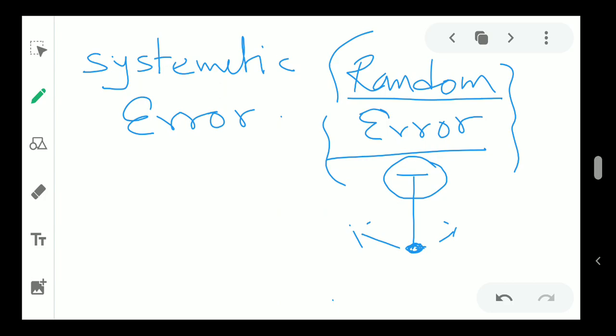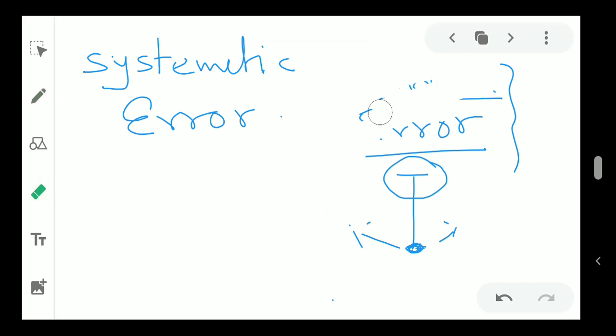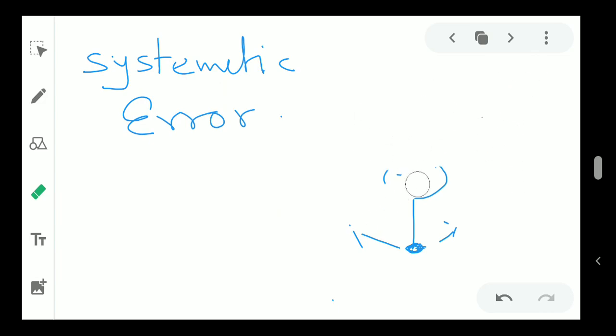If there is a breeze of air and the air is flowing, that also can interrupt your time period. So this kind of error we have no control over. So talking about random error, we better not deal with this, but obviously you have to understand that there will be some error because of the randomness of the nature of the system.